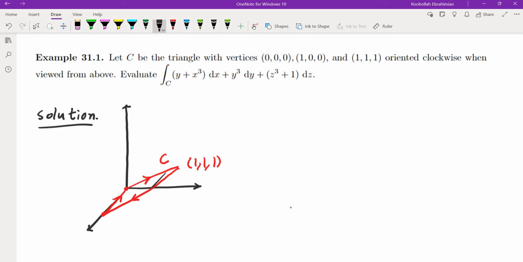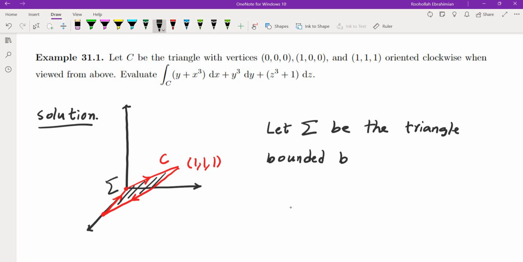That surface would be the inside of the triangle. So let's call that sigma. Let sigma be the triangle bounded by C. Now we need an orientation. We need an orientation that follows the right hand rule. The orientation that follows the right hand rule would be downward. Oriented downward.